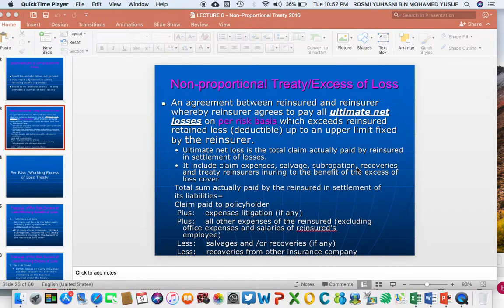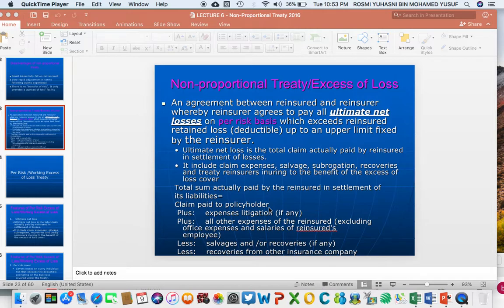Subrogation. If you can recall the term subrogation that you learned previously in part 3, recoveries and other recovery from other treaty reinsurers accruing to the benefit of the excess of loss cover, meaning that the total amount paid by the insurer in the settlement of the claim is equal to the claim paid to the policyholder. Let's say total loss of a car.